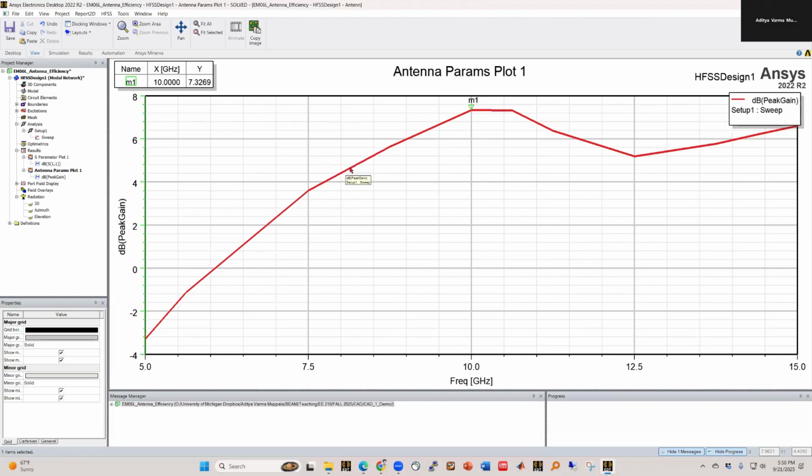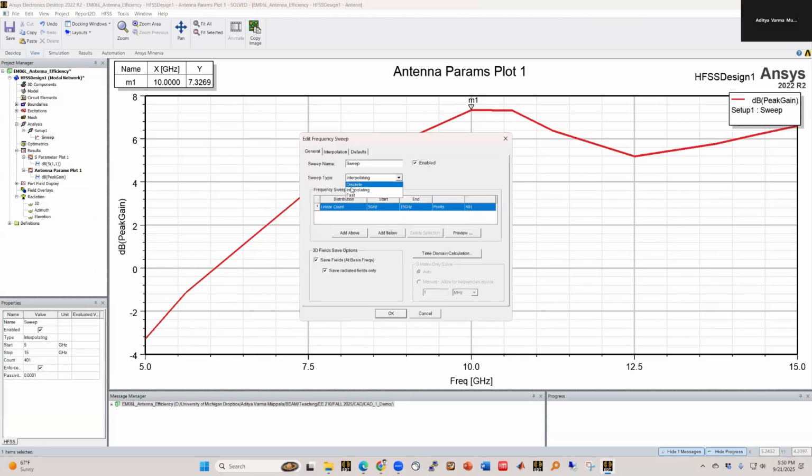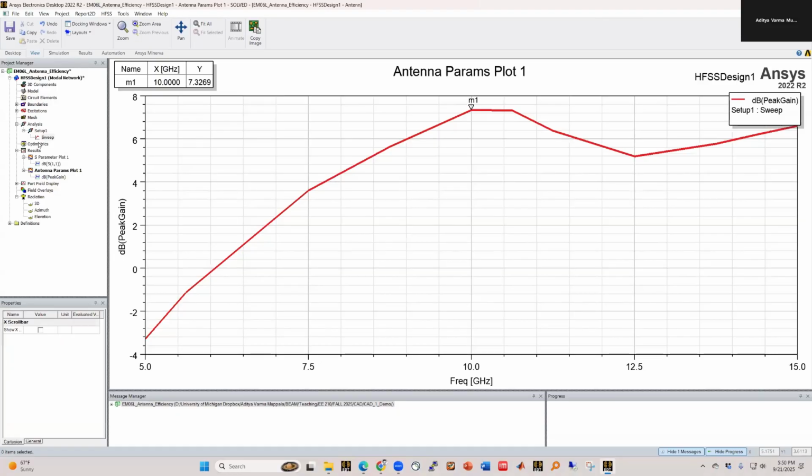And if you want this plot to be more smooth, you need to change the sweep to discrete. Okay, so that it actually solves all frequency points that you mentioned here. Interpolating only solves a few and then interpolates such that the S parameters are converged. All right, so that's the peak gain.